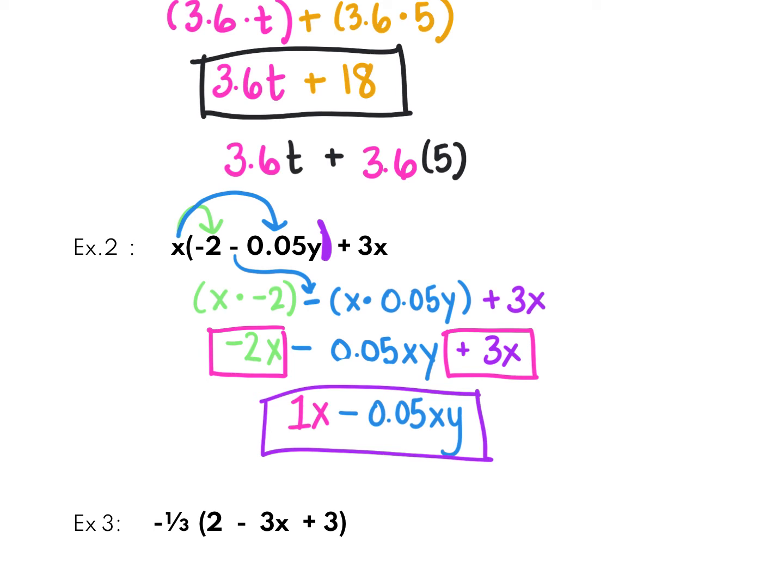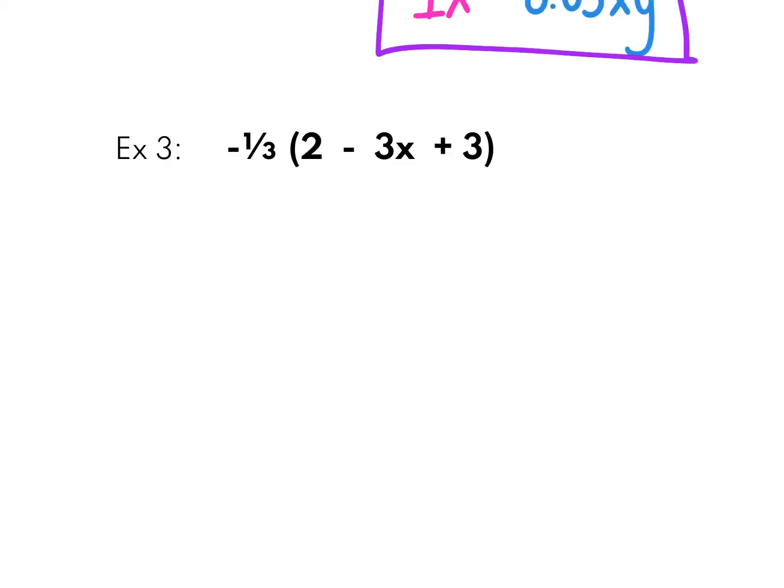Okay, example 3. Example 3 is all about distributing the negatives. It's fine, I promise. Negatives aren't that bad. So what we're going to do here is take this negative 1/3 and distribute that to the 2. So this is negative 1/3 times 2.